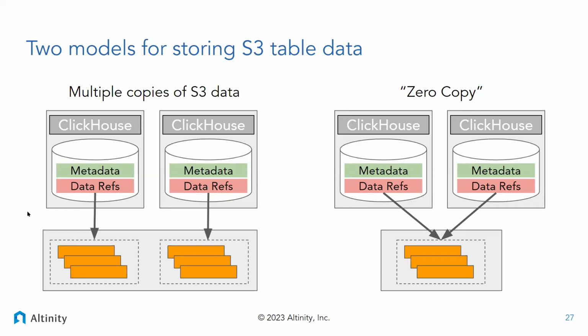In effect, ClickHouse replication will be replicating parts in S3 as well. This is not very efficient for large data sets. Say you're storing a petabyte of data. What you'd really like to do in S3 is take advantage of the fact that it's visible and everybody can see it. So why not just have one copy?